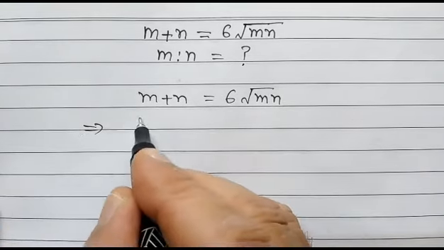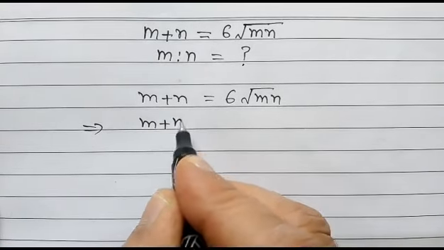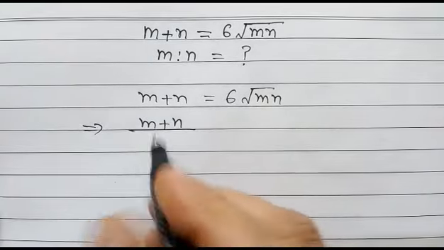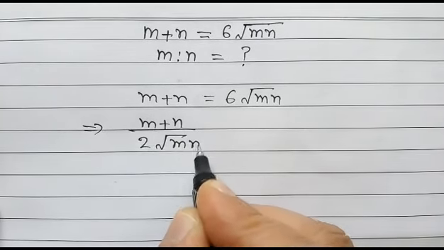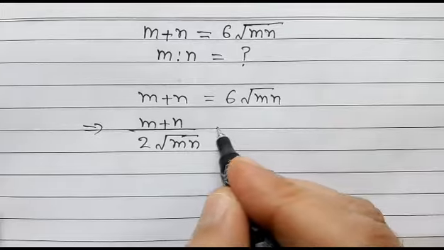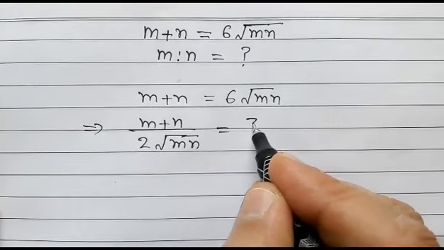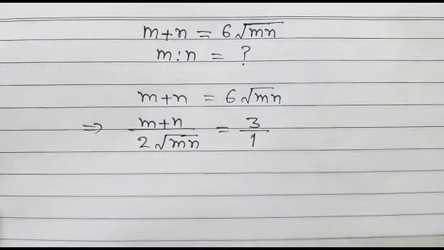So we can write (m plus n) over 2 square root of mn is equal to 3 over 1, right?